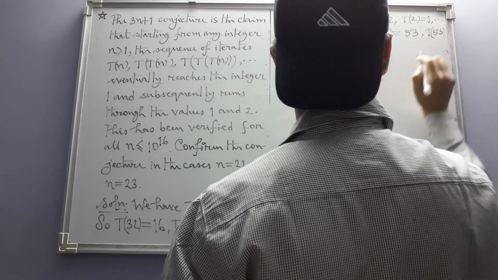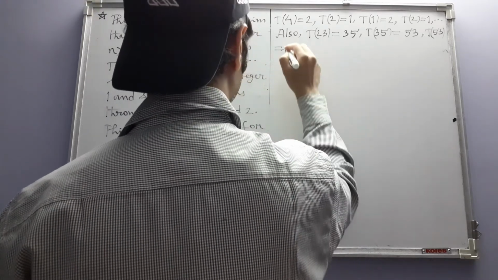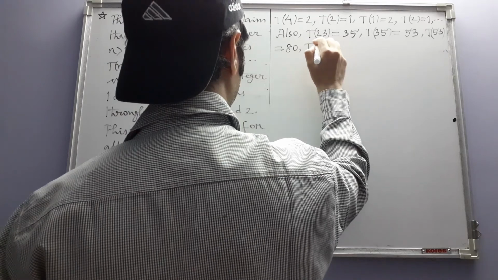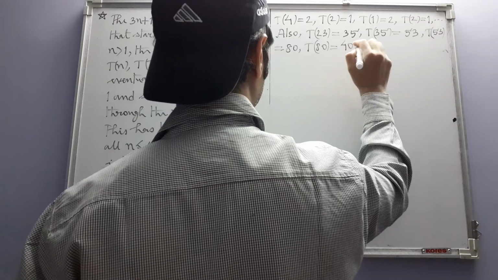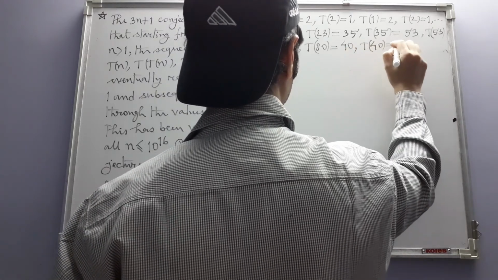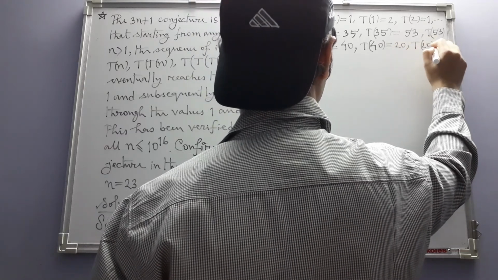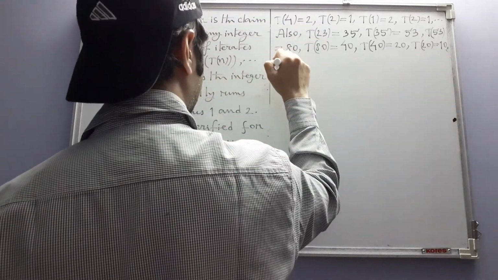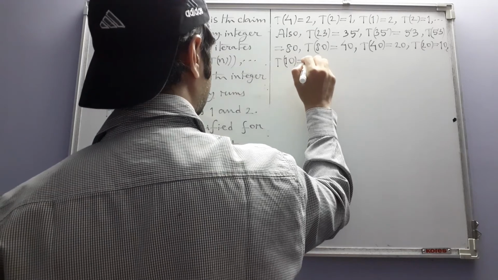Then T of 53 is equal to 80. Then T of 80 is, of course, halved since it's even. And again T of 40 is 20. T of 20 is 10. This will continue as long as we have even integers. T of 10 is 5.